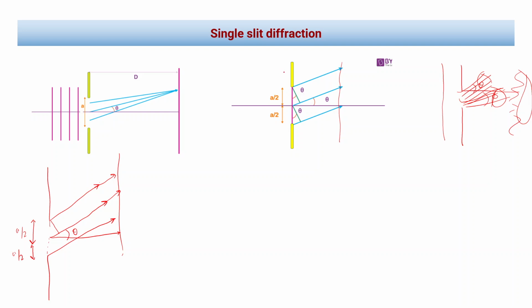If I name these things, it will become clear. Let's call it A, let's call the center O, and let's call the other edge B. This one edge I am calling A, another edge I am calling B.